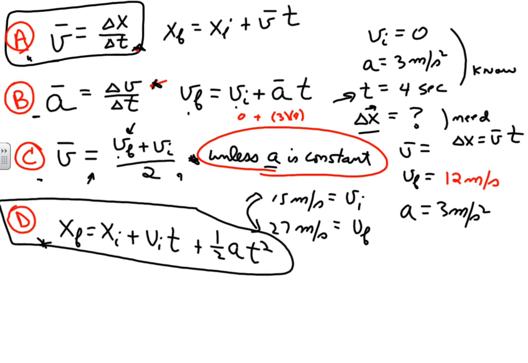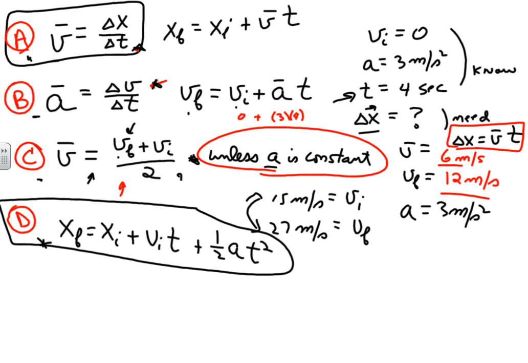If V final is 12, and I started from rest, use equation C now, and what's V average? V final 12 plus 0 over 2. So that's 6. So V average is 6 meters per second. So nobody asked for this, but I needed it, to get V average that nobody asked for, in order to get the answer.